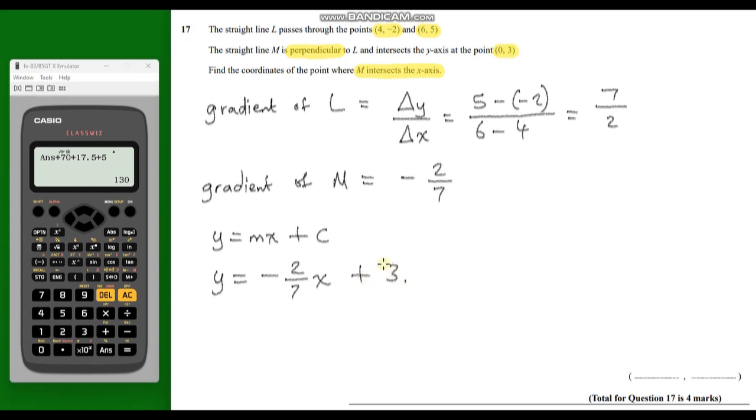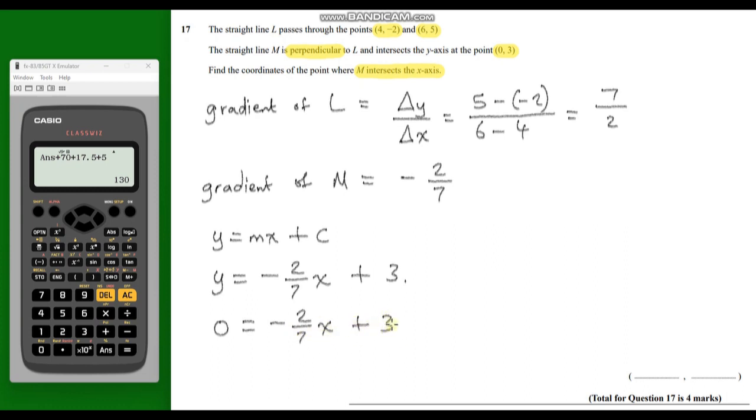So now we've got the equation for M, and it's asking us to find the coordinates of the point where M intersects the x-axis. So if it's intercepting the x-axis, the y value must be 0. So I'm just going to put 0 into this equation now and solve for what x is. So we've got 0 equals negative 2/7 x plus 3.